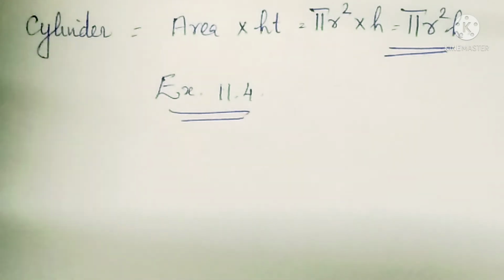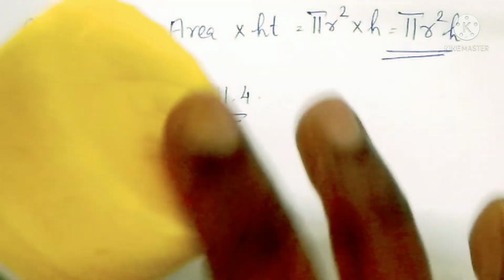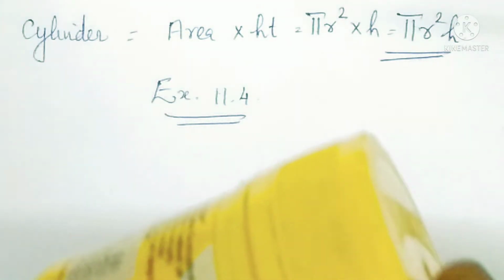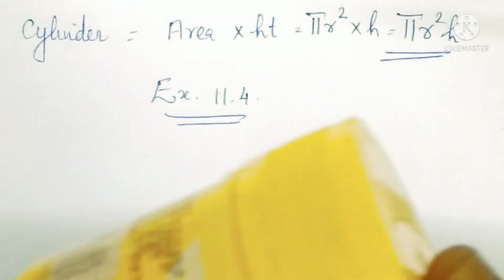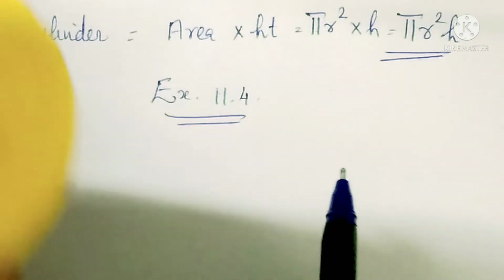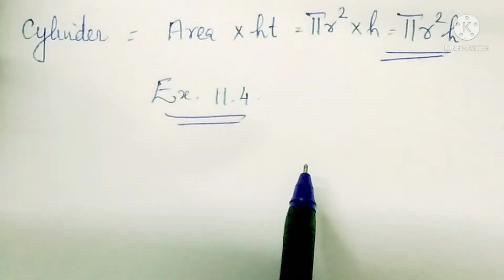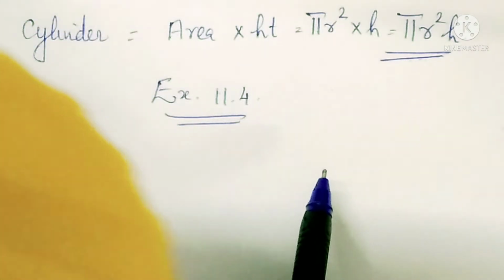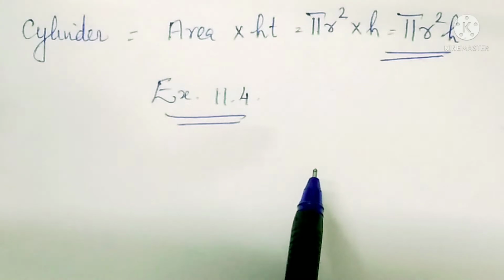If I ask you how much paint is needed to color this, you should know it should be lateral surface area if it is the sides only. And if I tell you to color it completely, I need total surface area. But if I ask you how much Amritanjan is there inside, then you have to find the volume.